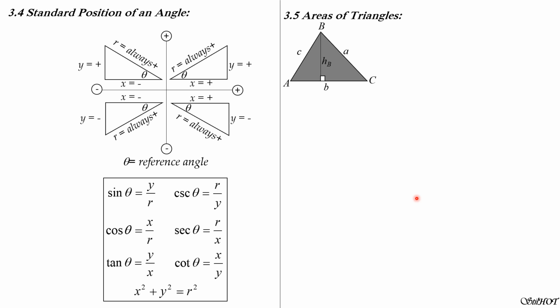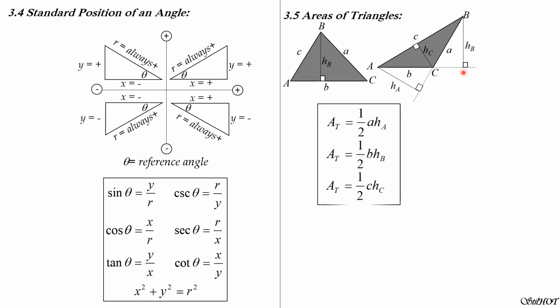So if the base is B, the height is denoted by h sub B, the perpendicular line through vertex B. It is also 1/2 A, h sub A, 1/2 C, h sub C. If it is an obtuse triangle, it is still 1/2 B, and this is h sub B, as shown in the figure. So 1/2 the product of perpendicular dimensions.